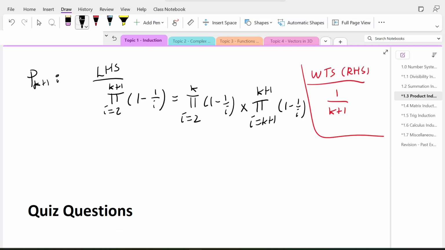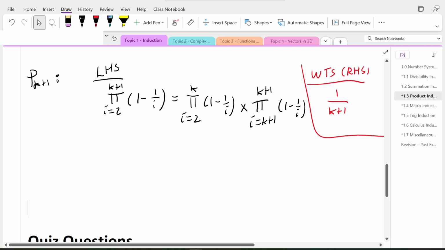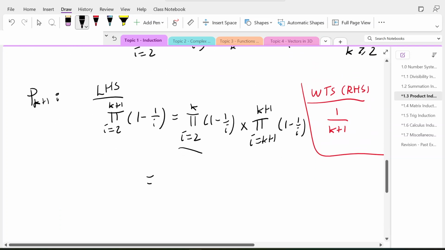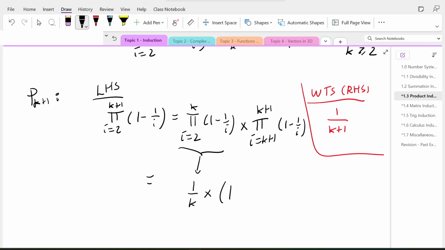So really importantly, if you're used to some induction, you might be tempted to put a plus in the middle, but we're in multiplication land now. So let's use star on this. So this little bit here will literally just become 1 over k. And then this one here is just 1 take 1 over k plus 1. So this product here is just the 1 term. It's the k plus 1th term.